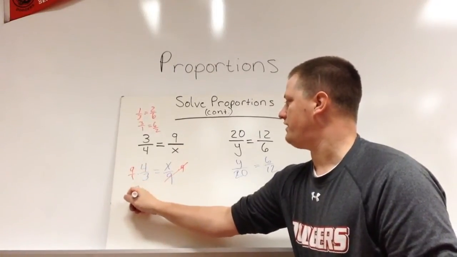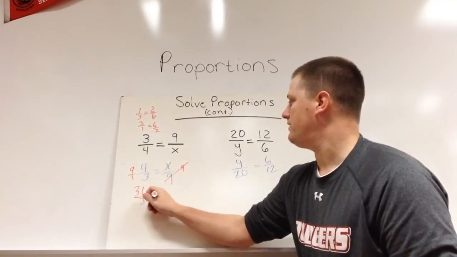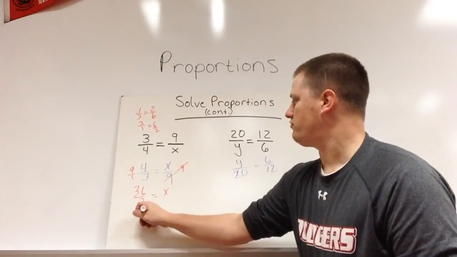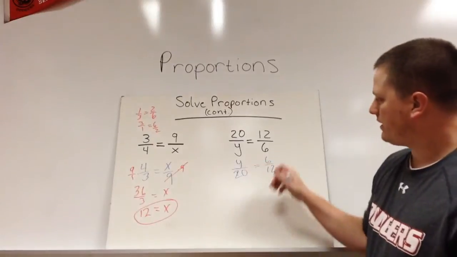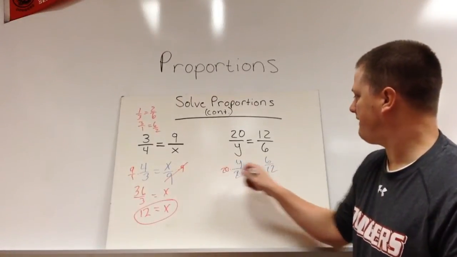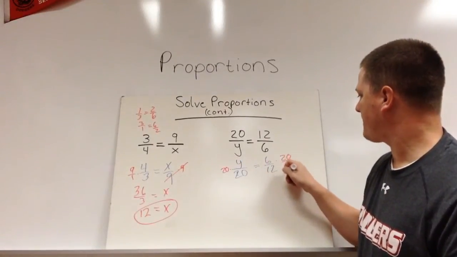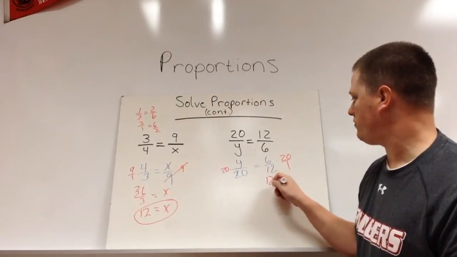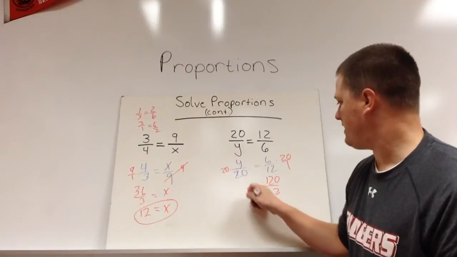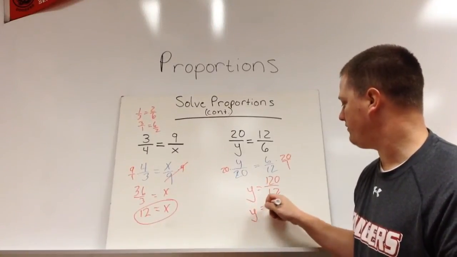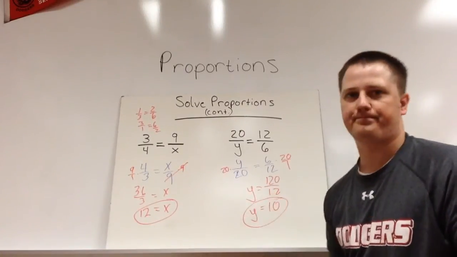It's going to give us 36 over 3 is x. So 12 equals x. Here we're going to multiply by 20. That's going to give us 120 over 12 equals y, meaning y is 10.